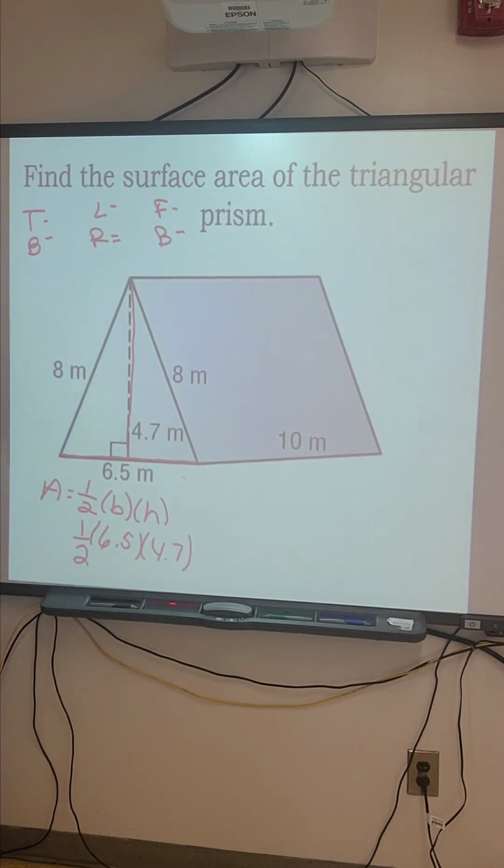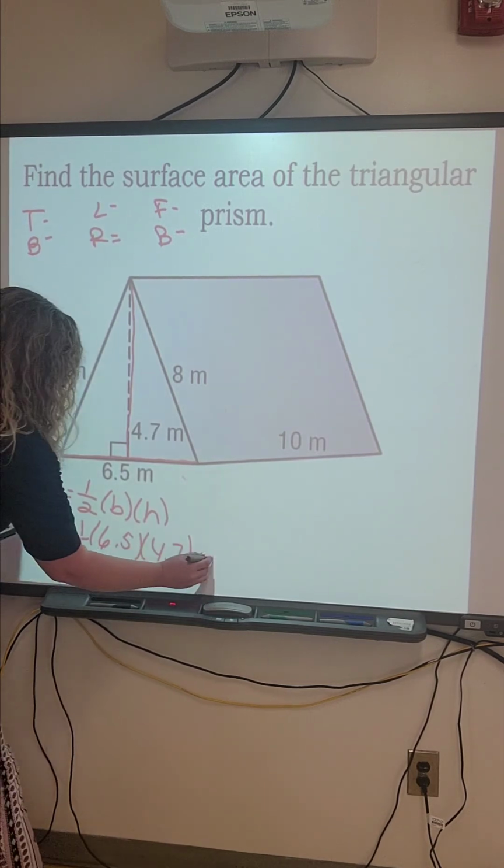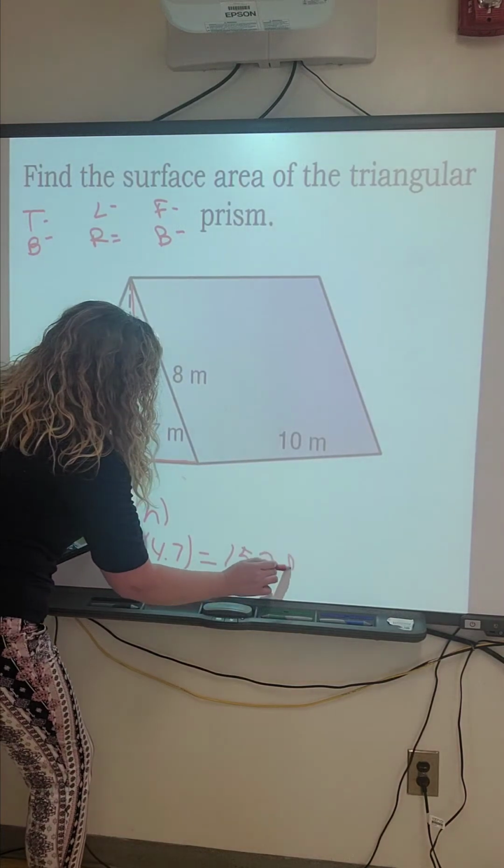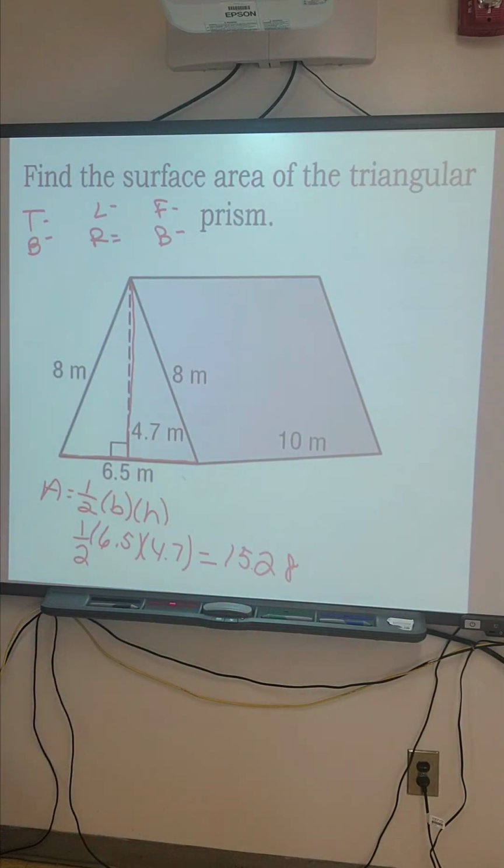So 1/2 times 6.5 times 4.7. That will give us a total area of 15.28. All right, so this is for the front.